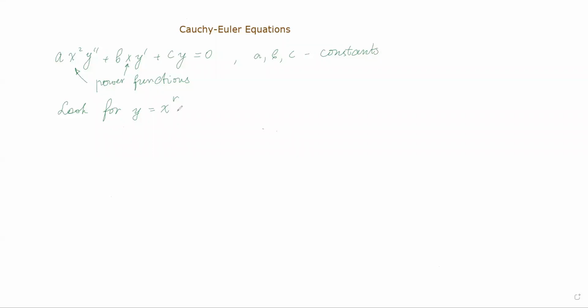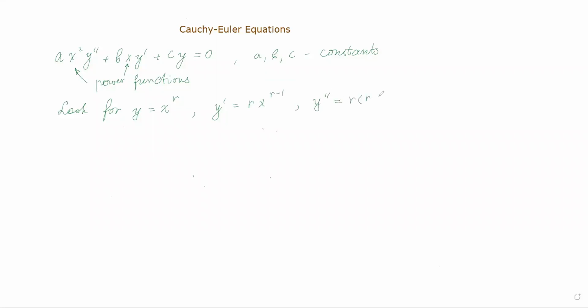If you differentiate this, that's a normal power function, right? What is going to be the first derivative of it? The first derivative is going to be r x to the power of r minus 1, sorry, not e. And the second derivative is going to lose two powers, right?